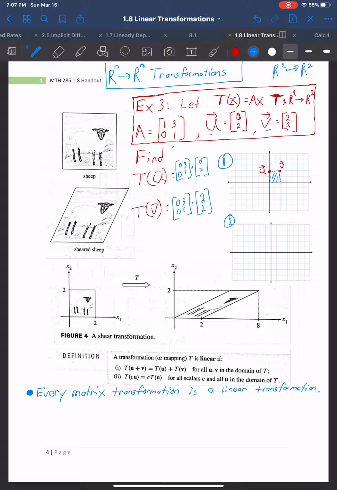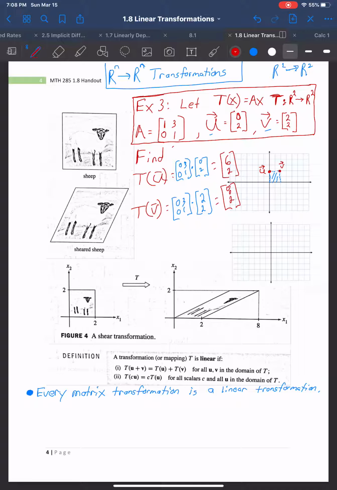Okay, so what are our results here? Let me just go ahead and do the math. If u undergoes the transformation T, we end up with a new vector (6, 2). And if vector v undergoes the transformation T, we end up with a new vector (8, 2).